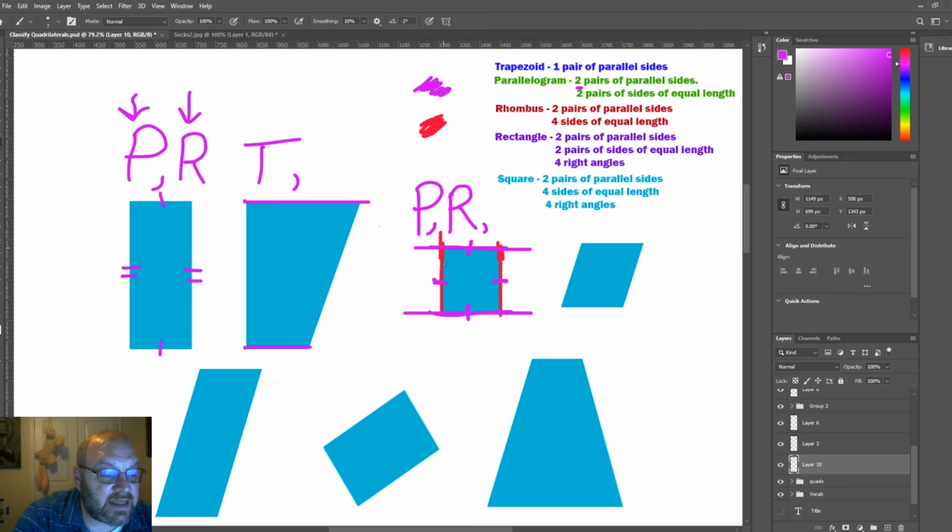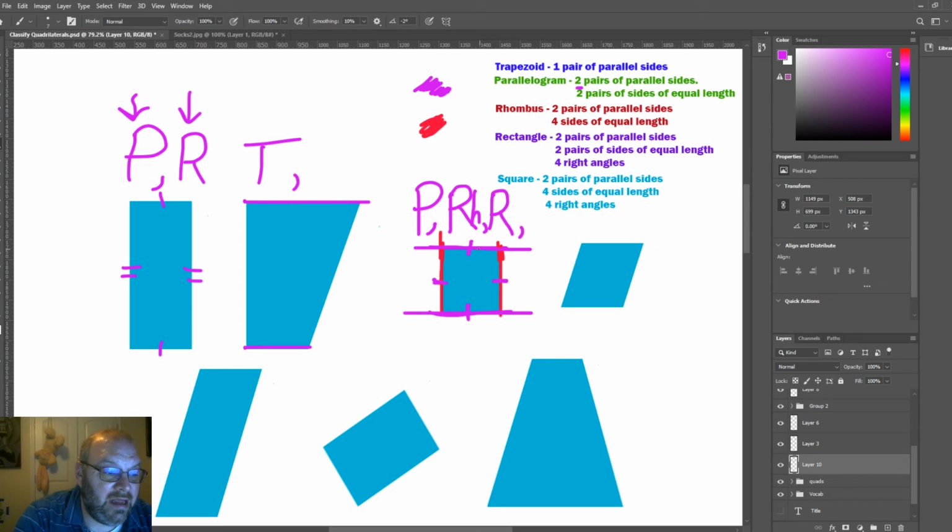And then our pizza socks in the red is another pair. So that's two pairs of sides of equal length. Yeah, it has that too. Four right angles. It sure does have that. Yes, maybe I should do rhombus RH, because there's also R for rectangle. RH will be rhombus. So a square is a rectangle as well.